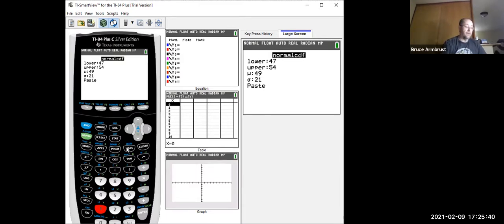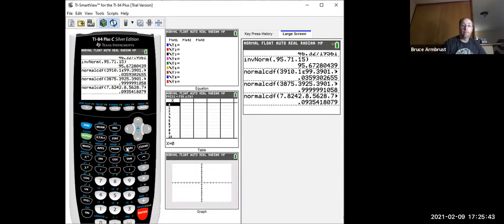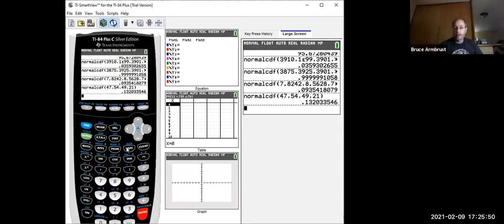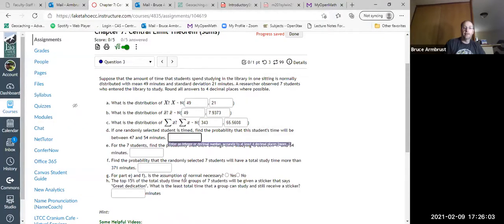So that was just for plain old X. What we get is 0.1320. So that's what I'm going to put into my box for this one. For one random student, the probability that they're between 47 and 54 minutes is 0.1320, so 13% of the time.